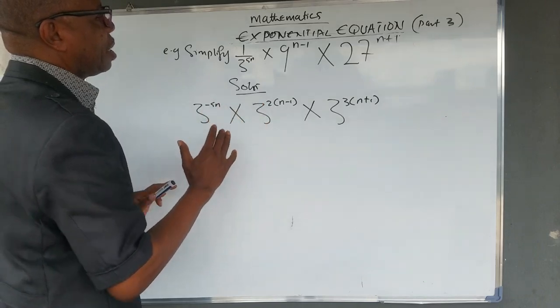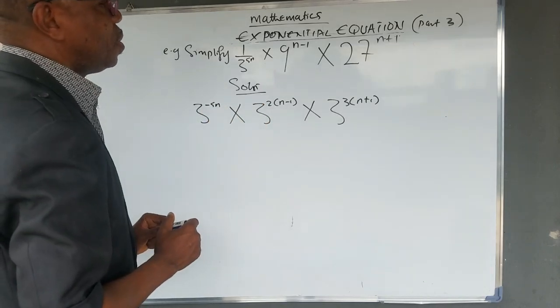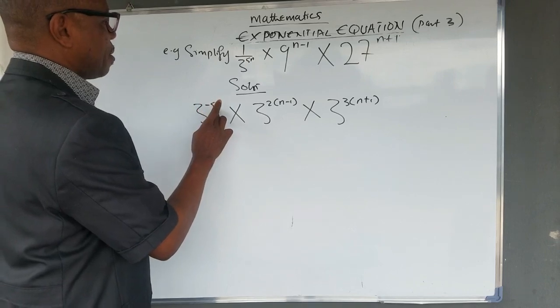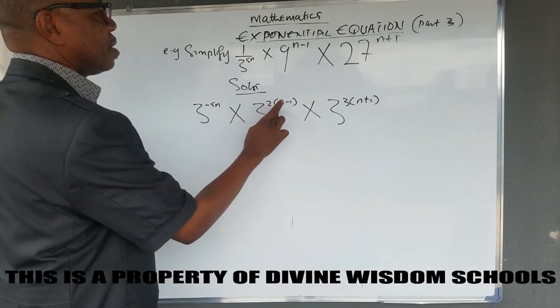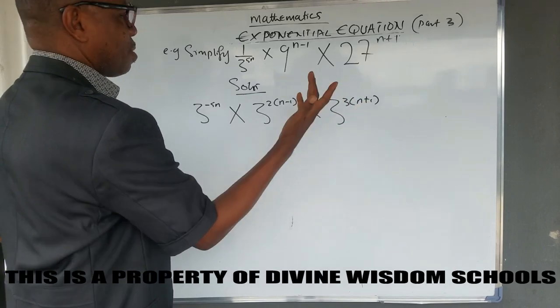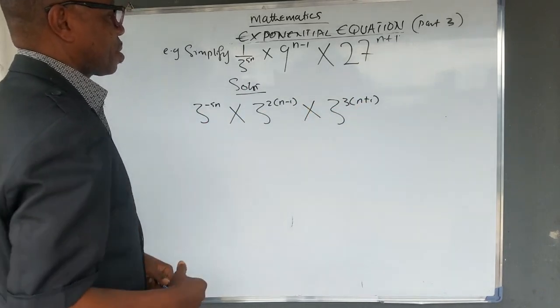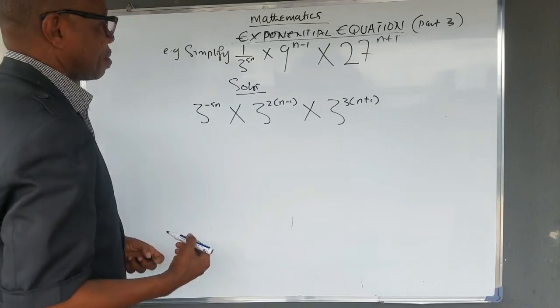Now when you look at these numbers, you will find out that you have 5n and n, and you have 3, 3, 3. The 9 and 27 have a common base of 3.